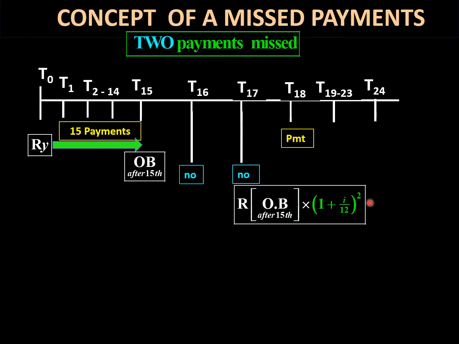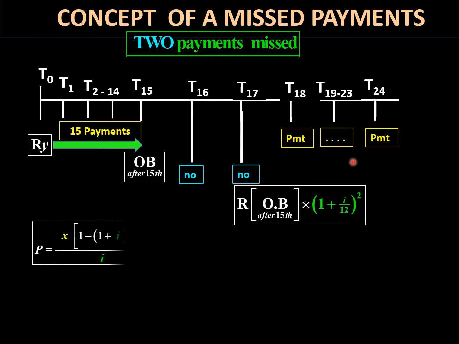And then you start making your new payments, right? You carry on payment number 18, 19, 23. You don't add another 2 payments in there because you agree you want to stick to the original 24 months there. Okay, so that will be an increased payment.